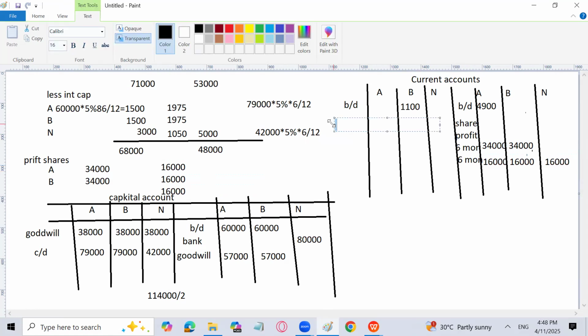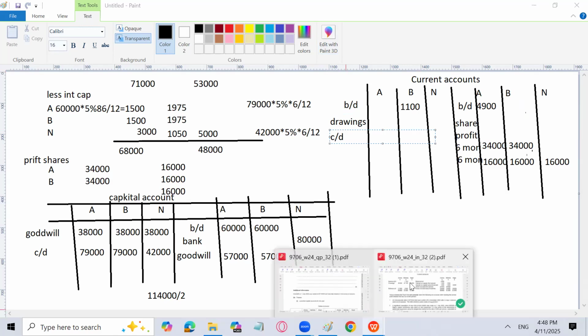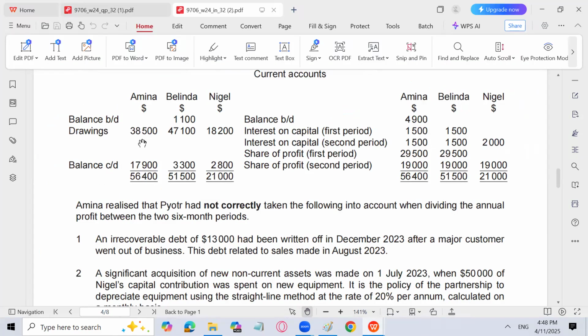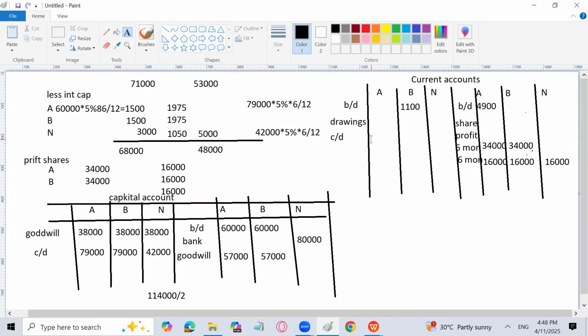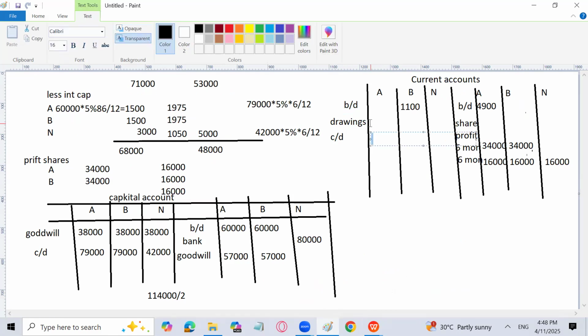So there is no salary actually, otherwise I would have written the salary also. There is no interest on drawings also, so I will not write that. Now I will go with the drawings. Interest on drawings is not there, but drawings are there: 38,500, 47,100, and 18,200.